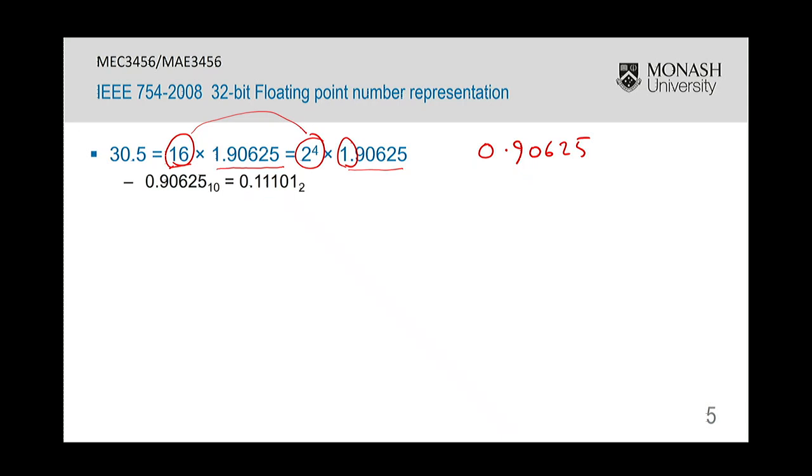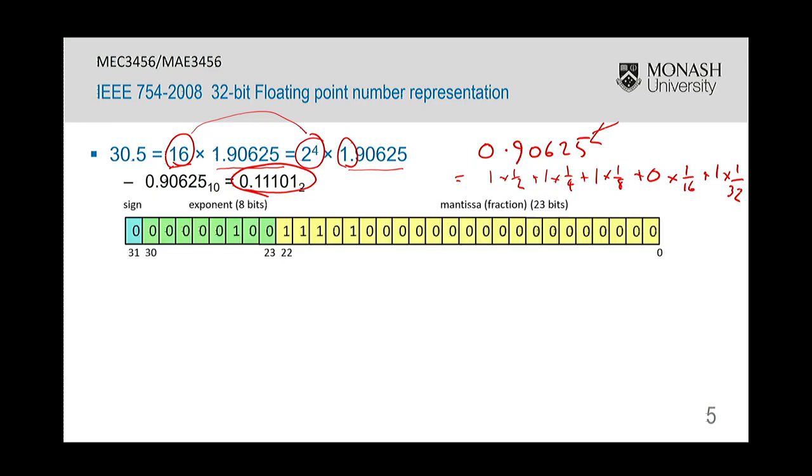It's 0.11101 base 2. This just means that this number is equal to 1 times 1/2 plus 1 times 1/4 plus 1 times 1/8 plus 0 times 1/16 plus 1 times 1/32. That's where this number comes from, and if you do this arithmetic, you will see that it's equal to 0.90625.